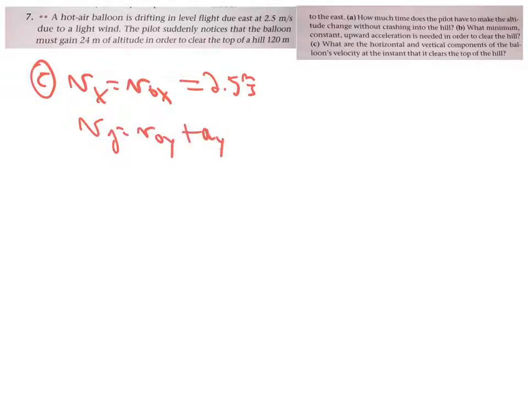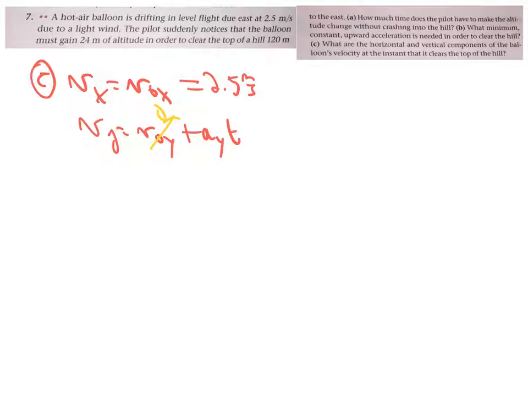Finally, for part C, we can just get the velocity components by remembering that Vx is going to be V0x, because there's no horizontal acceleration, so that's going to be 2.5 meters per second. And Vy is going to be V0y plus ay t, but again, V0y is 0.